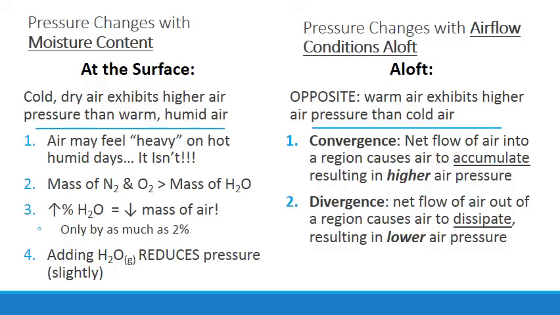By contrast, in regions where there's a net outflow of air, a situation referred to as divergence, the surface pressure drops. We'll return to the important mechanisms of convergence and divergence in the next video.